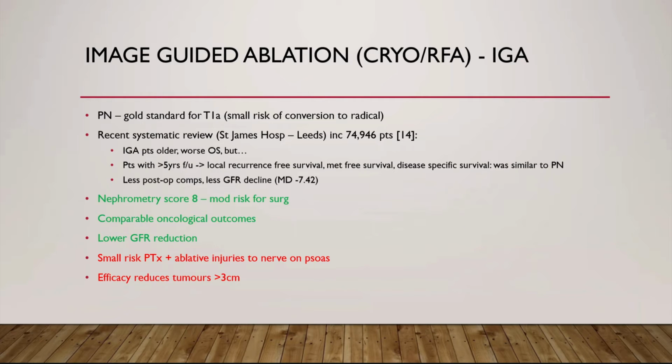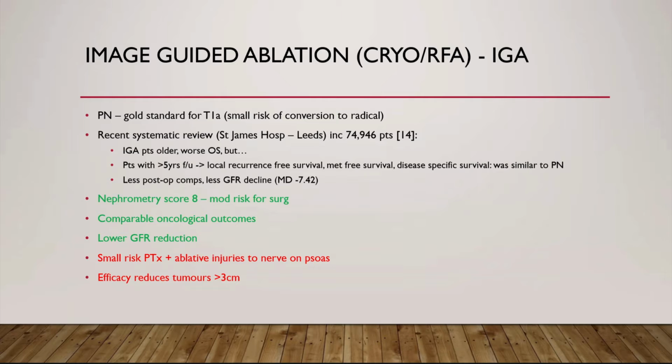Image guided ablation. So although I think partial nephrectomy is probably the gold standard for T1A small renal masses, ablation's good as well. I think there was a recent systematic review in St James's Hospital in Leeds in the UK, which included almost 75,000 patients.